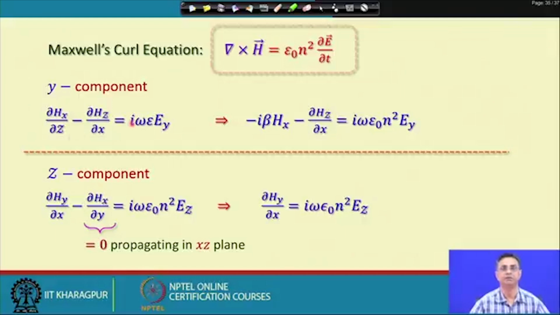Similarly, if you take the y component of the field, you can represent the field in this form, which will reduce to this form, and for the z component again you will have del H x by del y, because there is no dependence along the y direction. Putting this quantity equal to 0, we can write the relation between H y and E z in this form.